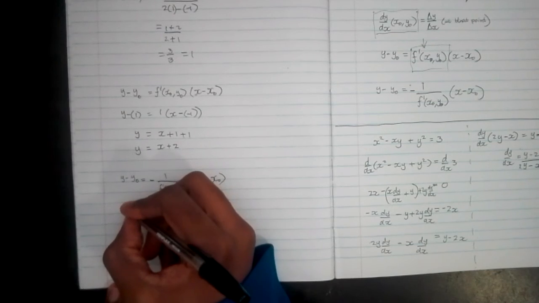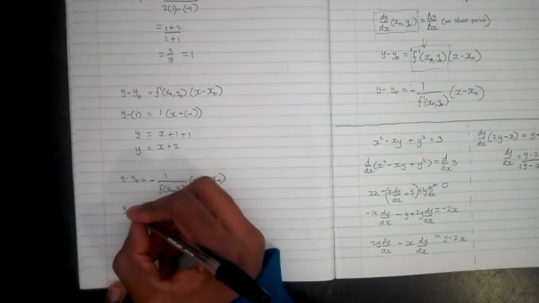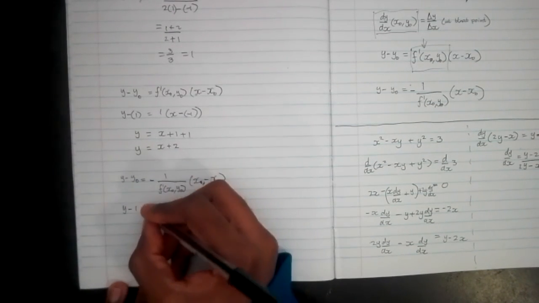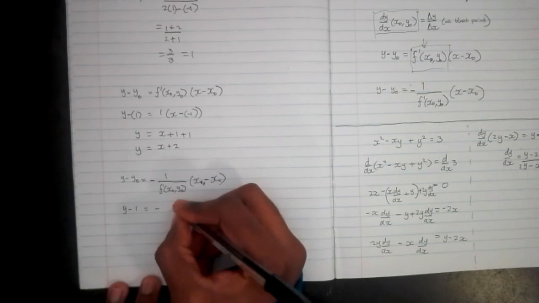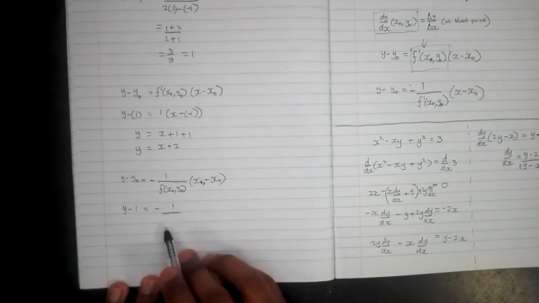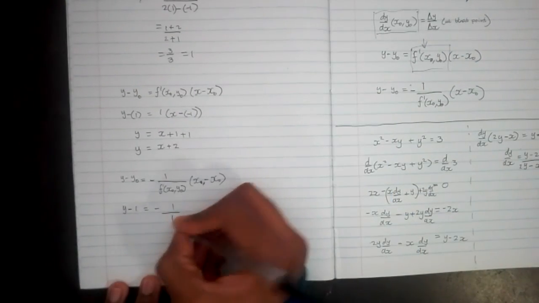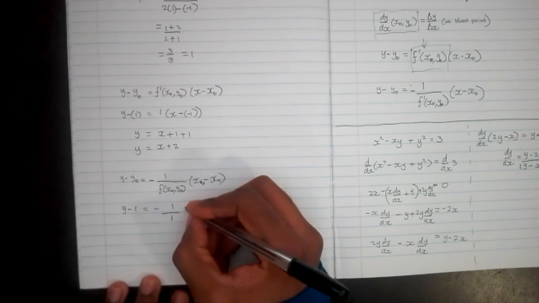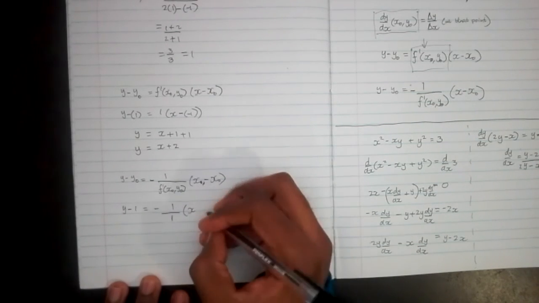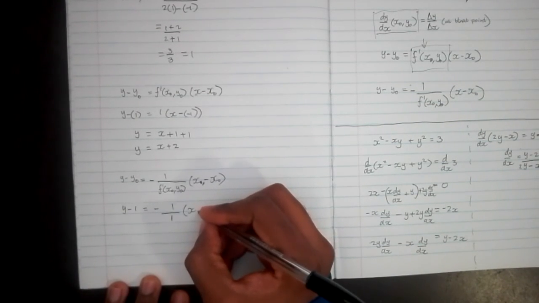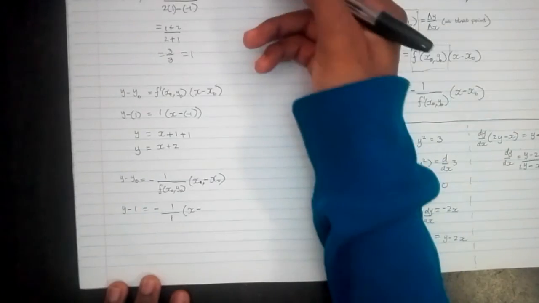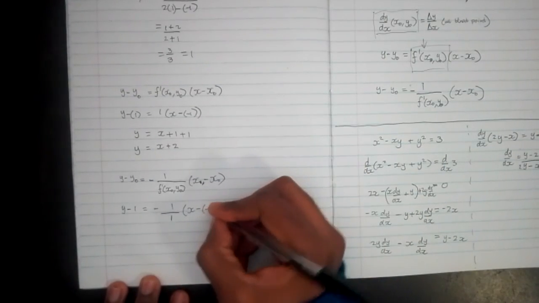So again, substituting in, we have y minus 1 equals minus 1 over f prime (x0, y0), which is equal to 1, luckily, times x minus x0, which is minus 1.